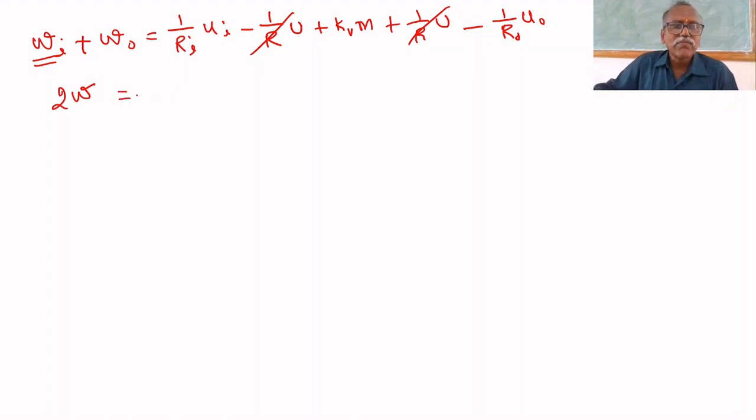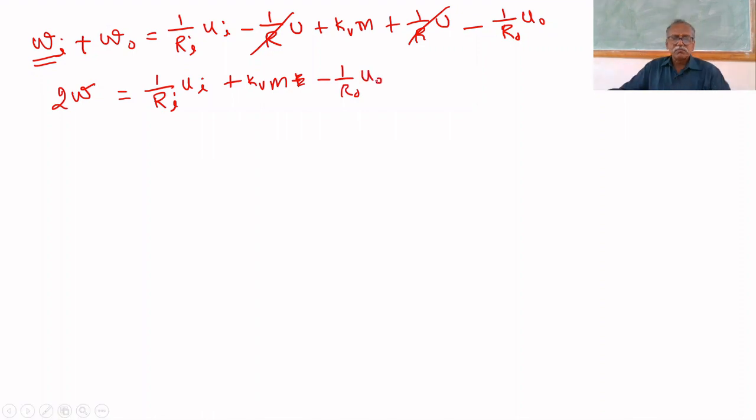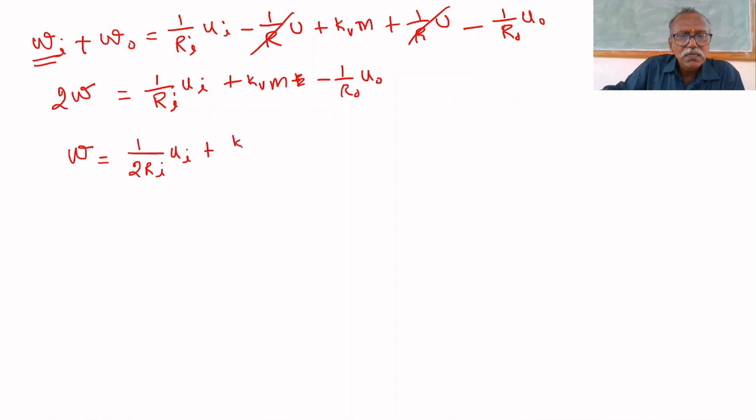So 2w equal to 1 by ri ui plus kvm minus 1 by r naught u naught. Or we can write w equal to 1 by 2 ri ui plus kv by 2 m minus 1 by 2 R naught U naught. 2 Ri is also resistance.